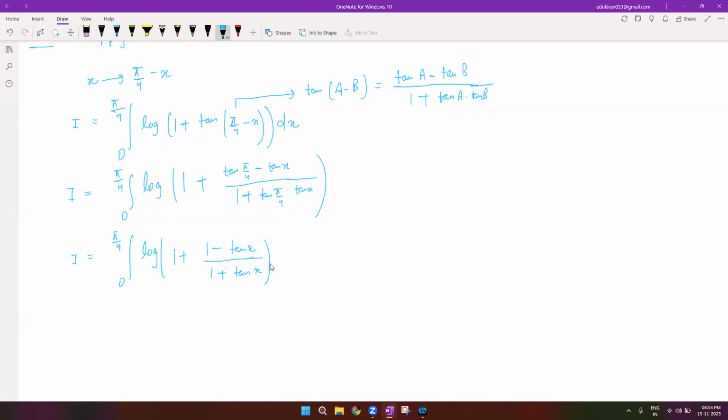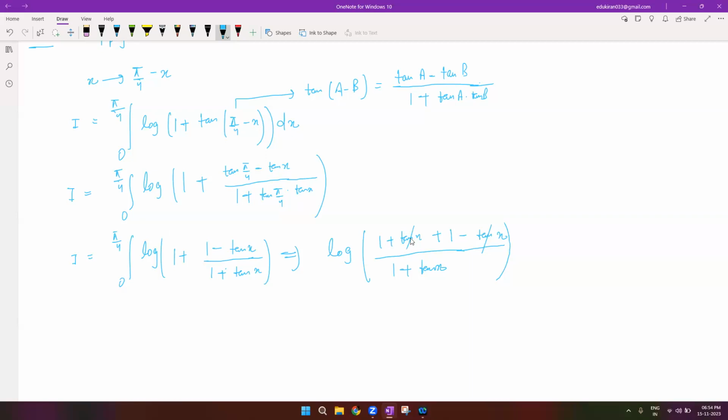This can be further simplified. I am showing it here. It can be written as log of, we can take the LCM as 1 plus tan x. So this would be 1 plus tan x plus 1 minus tan x. Tan x gets cancelled out.